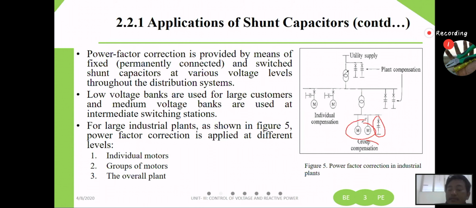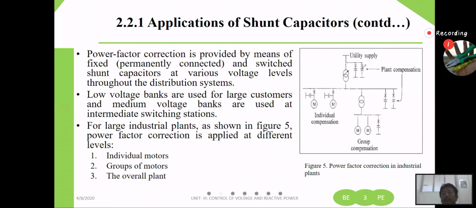But the problem is that it is very costly, which most of us will not be able to afford. So what we will do is compensate in groups. There will be a huge number of motors, so for that group we connect one shunt capacitor, which will also function to improve the power factor. So this is the second option.